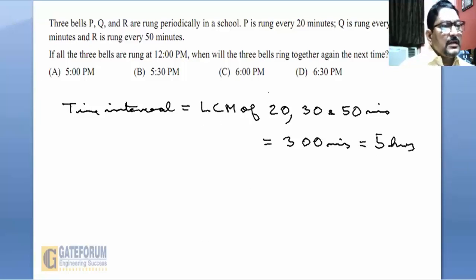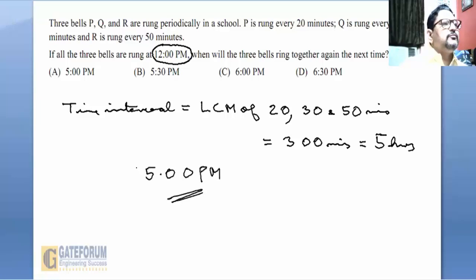So after a time interval of 5 hours from the time that they rung together, they will all three ring together again. Since they rung together at 12 p.m., the next ringing will take place 5 hours after 12 p.m., that is at 5 p.m. So that would be our answer. Let's go to the next.